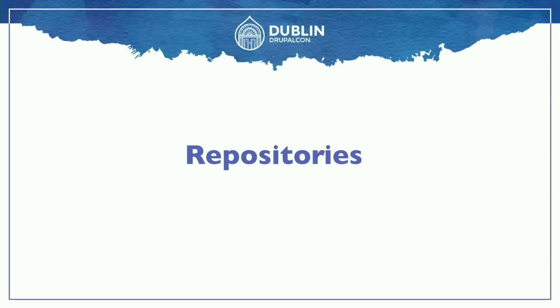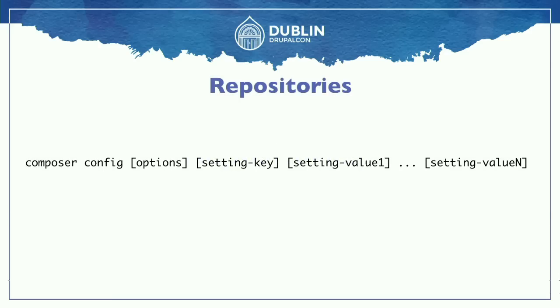Well, Composer gives you the ability to add a repository and say, hey, if this isn't in Packagist, then look at this repository. So with this command here, you can tell Composer that you want it to look at your repository. This is a config setting, so you write Composer config and specify the options.